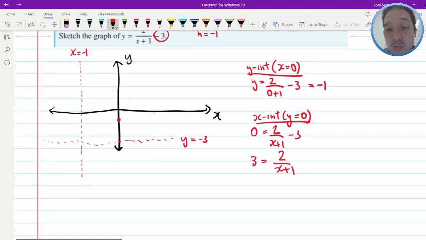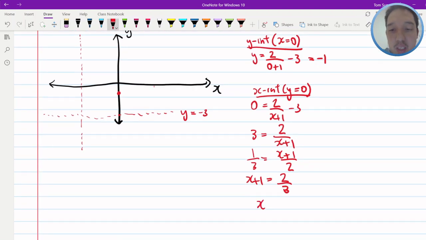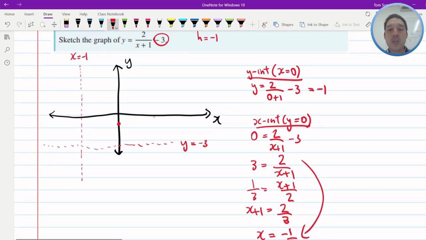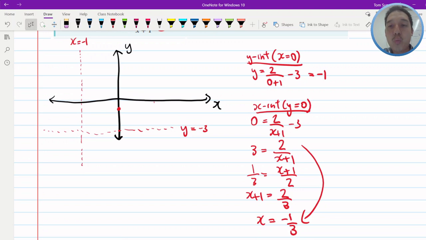I'll flip this, so 1 over 3 is equal to x plus 1 over 2. Multiplying by 2 on the other side, x plus 1 is equal to 2 over 3. Subtracting 1, x is equal to negative 1 over 3. There's a different way to approach this algebraically, but you will get the same answer. So when y is equal to 0, the x-intercept is negative 1 over 3.